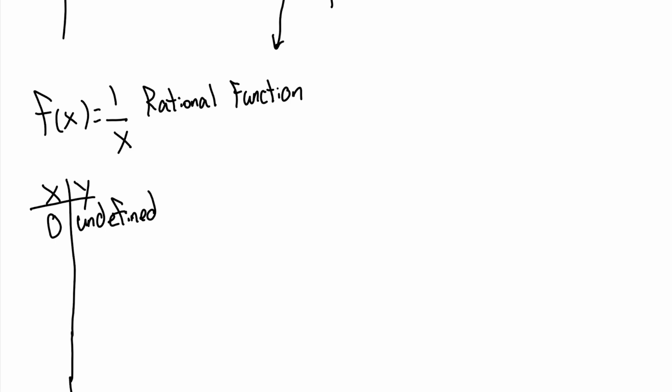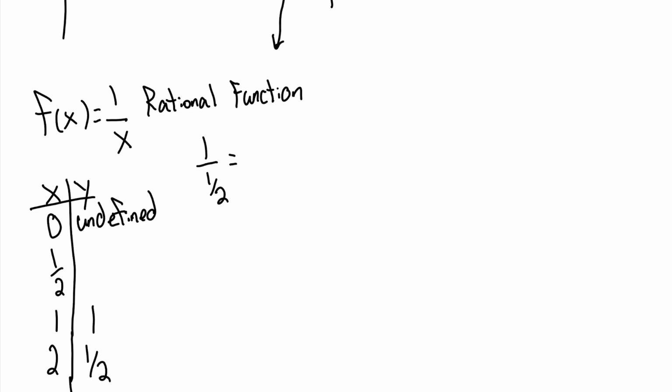Now let's look at some other points here, and I actually want to put in some fractions as test points. So let's try 1/2 and then 1 and 2, let's say, to start. So putting in 1, that's just going to be 1 divided by 1, which is 1. Putting in 2, that's going to be 1/2. Now if we put 1/2 into this function, we're going to get 1 divided by 1/2.